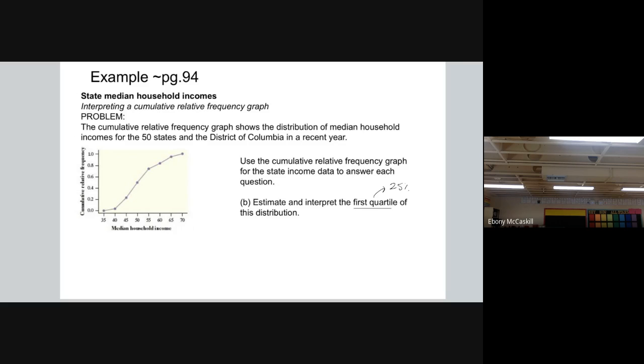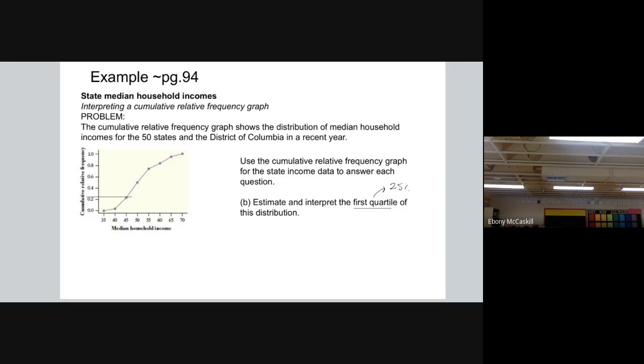25%, if I could guess, is about right. That's a little too little. Hold on, let me try to make that a little bit better. Actually, that works pretty well. So let's just say 25% is about right there. We're just going to use that point. That means at that point, I need to figure out what that x value is.